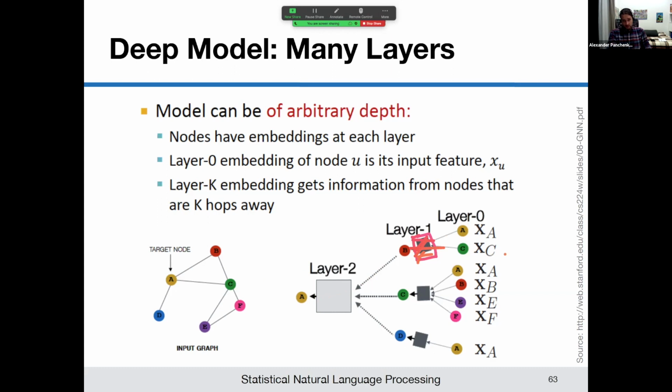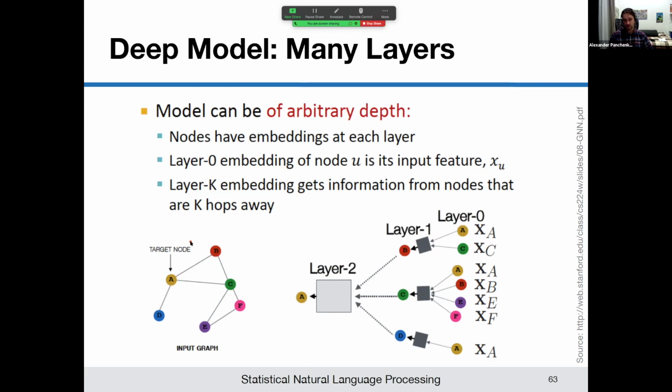And a very useful property of this construction is that these aggregations should be order invariant, because you can rename the nodes in the graph in a different order, but the structure of the graph will not change.